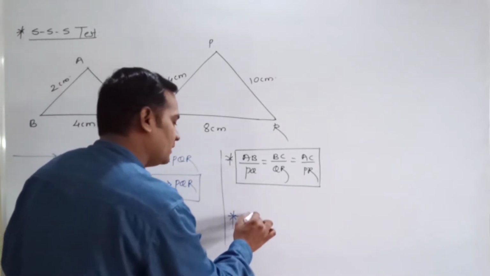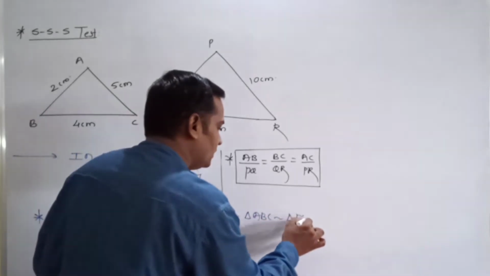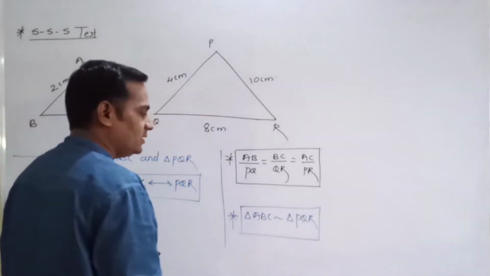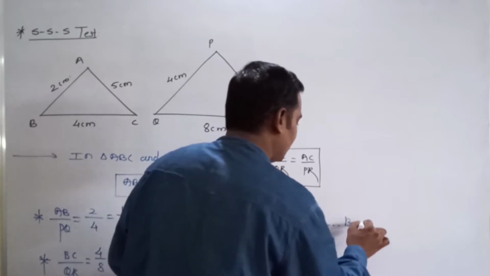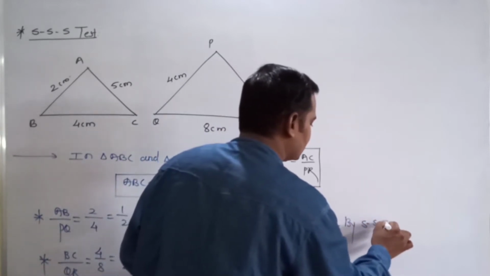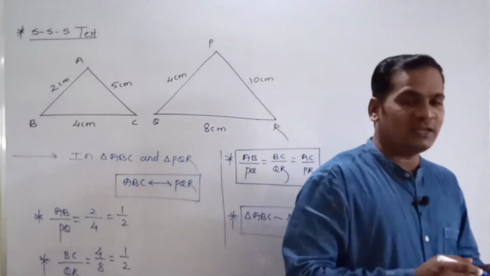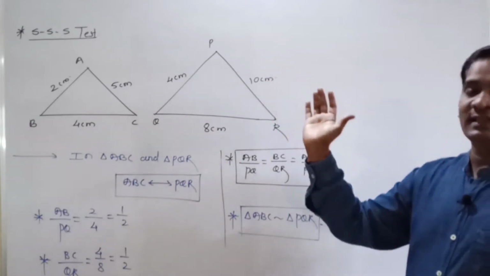Therefore, triangle ABC is similar to triangle PQR. In this way we can use the side test. How simple is this, to prove two triangles similar by using the side test.